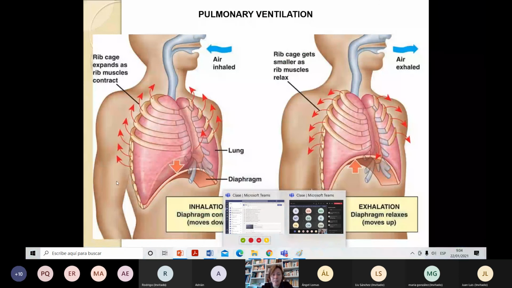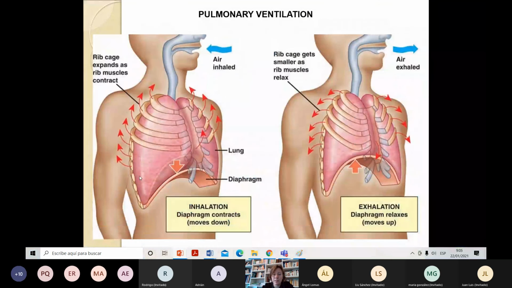In Spanish, the two processes are inhalar y exhalar, pero no de morirse, de exhalar, ¿vale? Sino exhalar. It's a difference. But in English, we say it with an X, exhalation, and that doesn't mean that you are dying, okay? Bueno, so two muscles are important in this pulmonary ventilation.